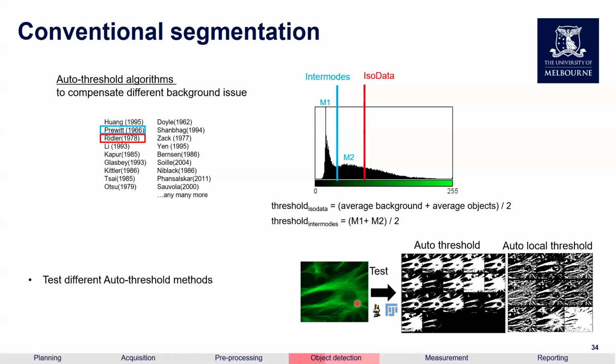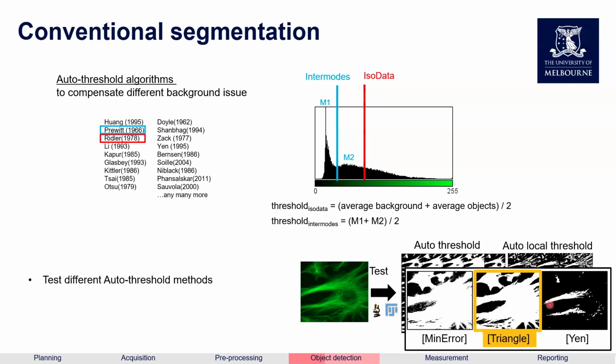For example, in ImageJ, we can test 17 different auto-threshold methods and also 9 different auto-local threshold methods in one step. Then we can browse the results and find the best method for our image.